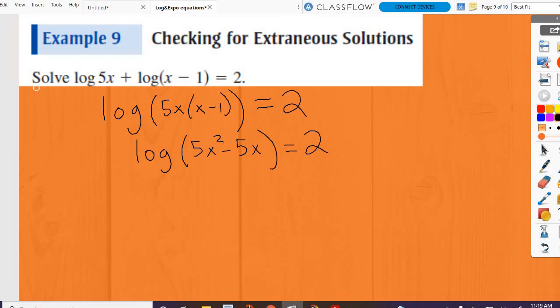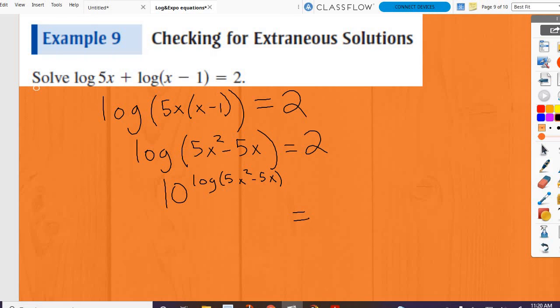So then what do we want to do? My 5x squared minus 5x is inside of my logarithm. So how do we get rid of the logarithm? The exponential. So specifically, an exponential with a base of what this time? 10. Because notice that our logarithm has an understood base of 10. Agreed? So I would have 10 to the log of 5x squared minus 5x.